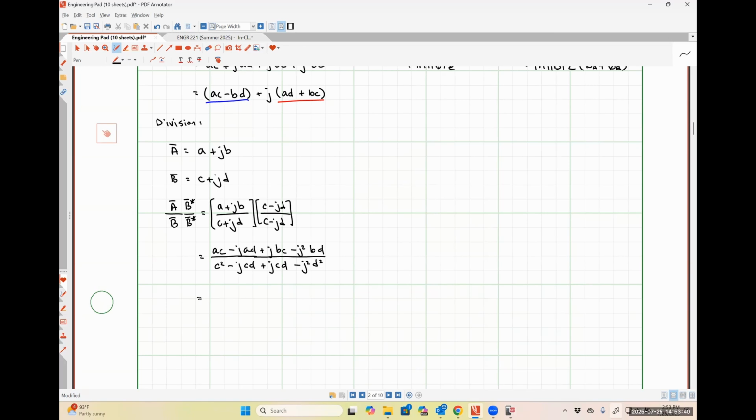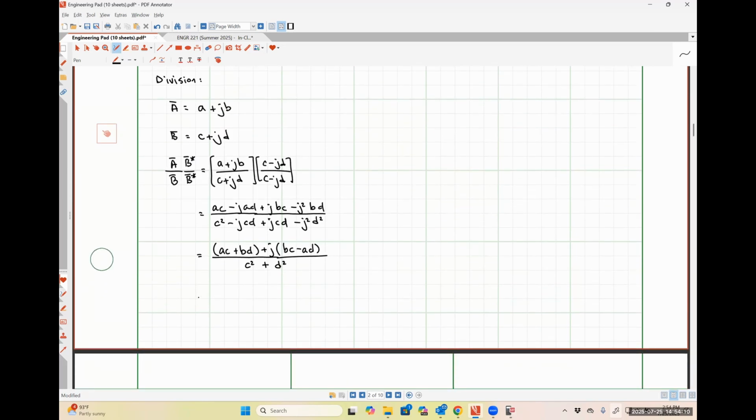So whenever we see a minus J squared, that should just be +1. So that means in our numerator, we're going to have AC plus BD plus J times BC minus AD, all divided by C squared plus D squared.